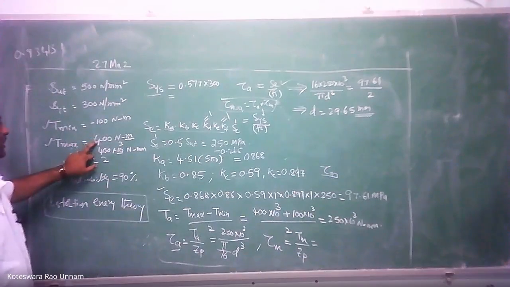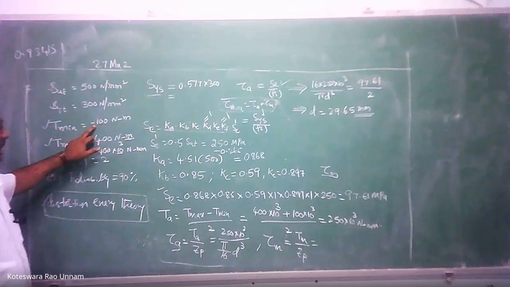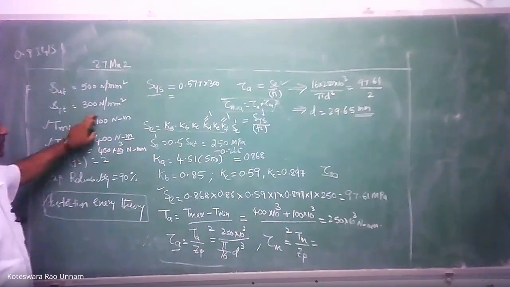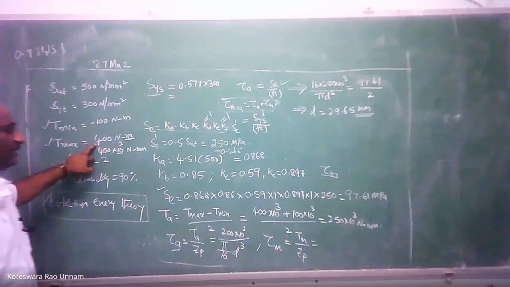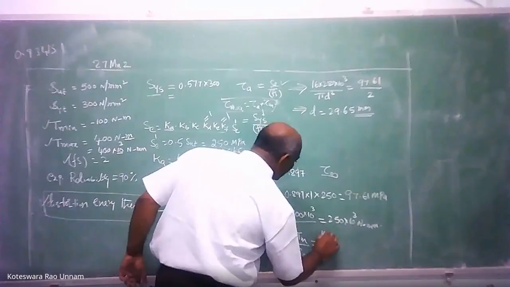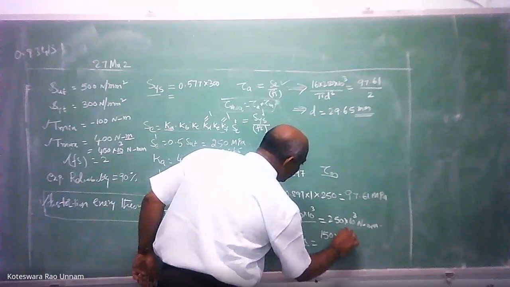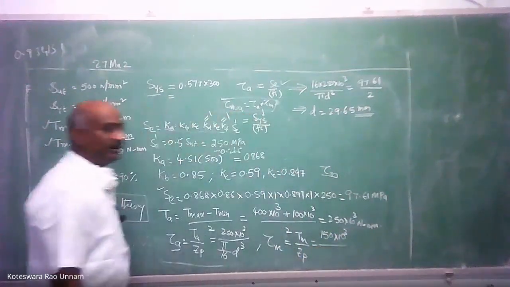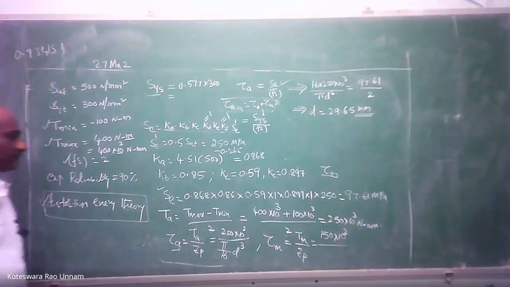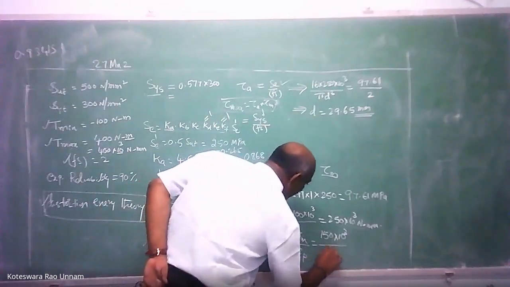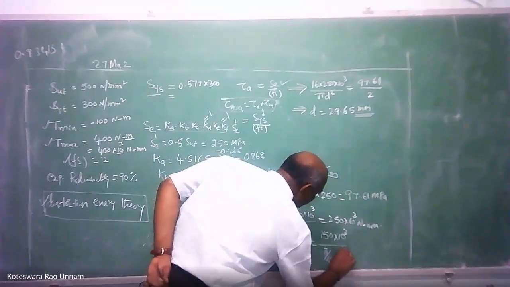T max is 400 plus or minus 100, so 400 minus 100 divided by 2, it is 150, sir. So 150 into 10 cube N-mm divided by π by 16 into d cube.